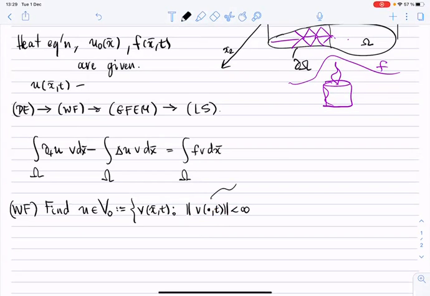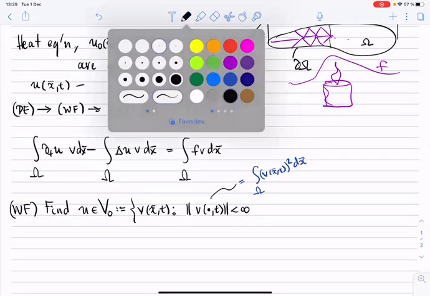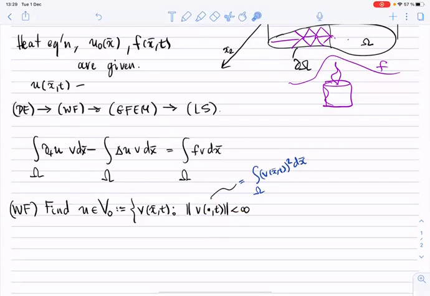So this one is actually the L2 norm in x. This object is the integral over omega of v(x,t) squared dx, so the norm is taken in space.